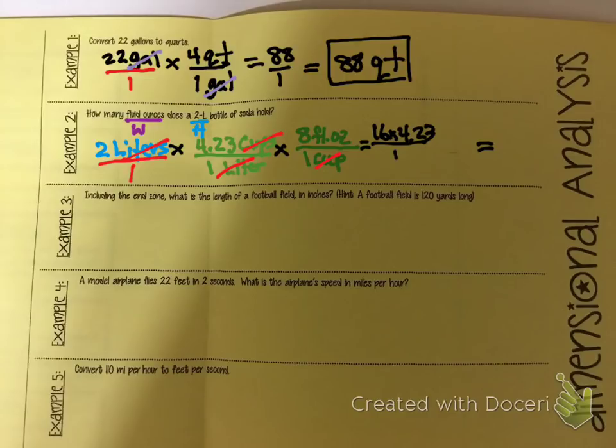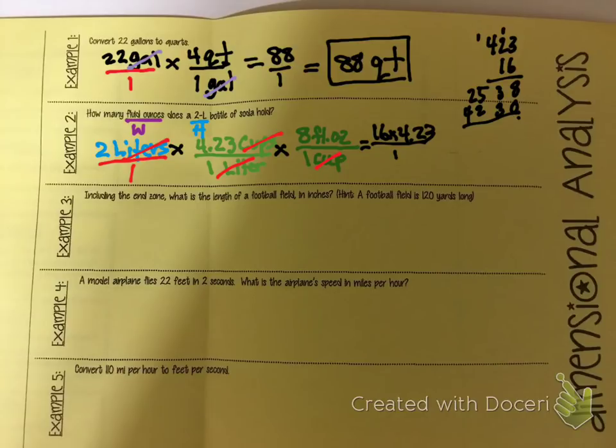So off to the side, I'm going to just do it up to the top here. I'm going to take 423 and multiply it by 16. So I get 18, 12 and 1 is 13, 24 and 1 is 25. Put in a placeholder, 3, 2, 4, add up, and I get 8, 6, 7, 6. I'm going to move that equal sign.